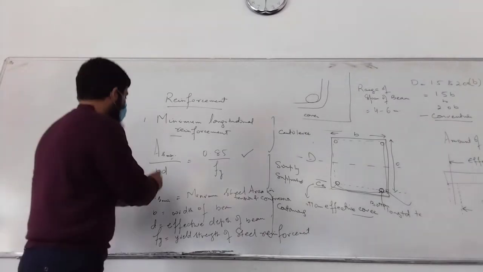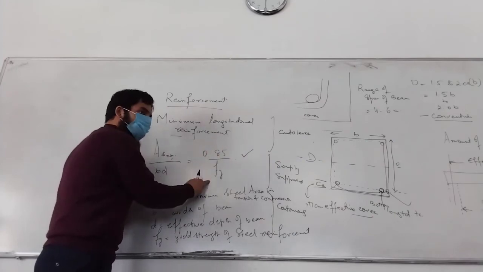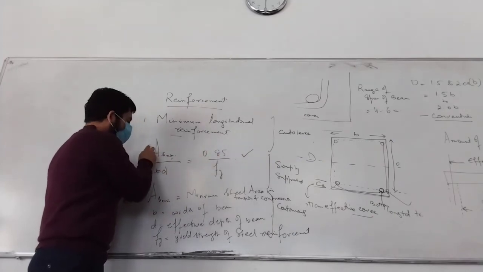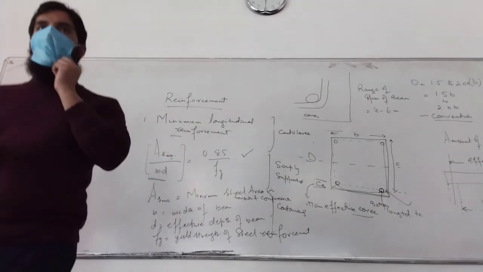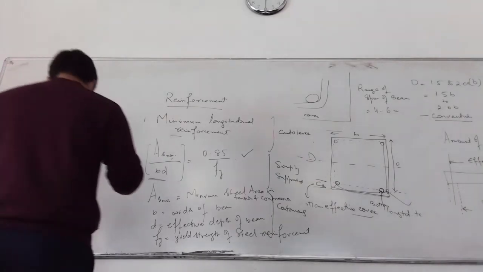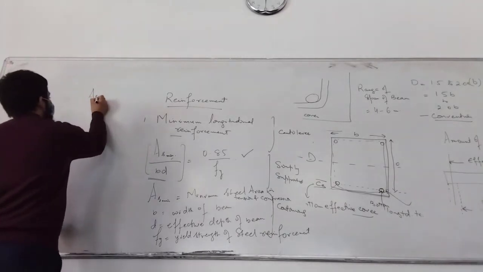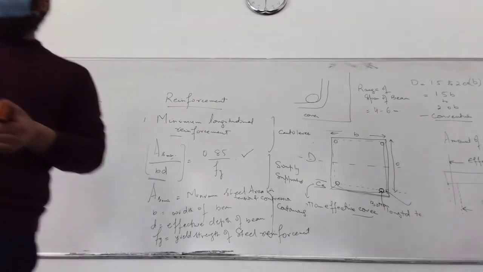What do you get here? As minimum is 0.85 bd by fy actually. Now what is As by bd? Area of steel by bd, what is this? This is telling you the percentage of steel. b into d, what is it? Area of the section.